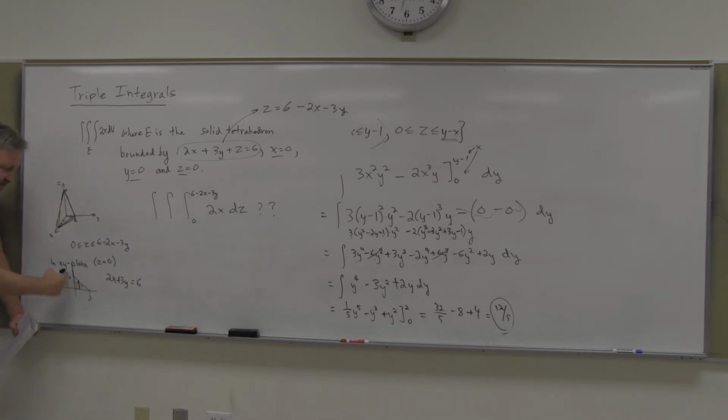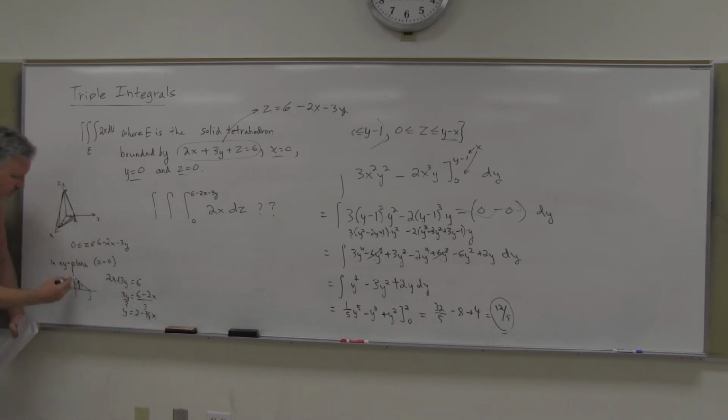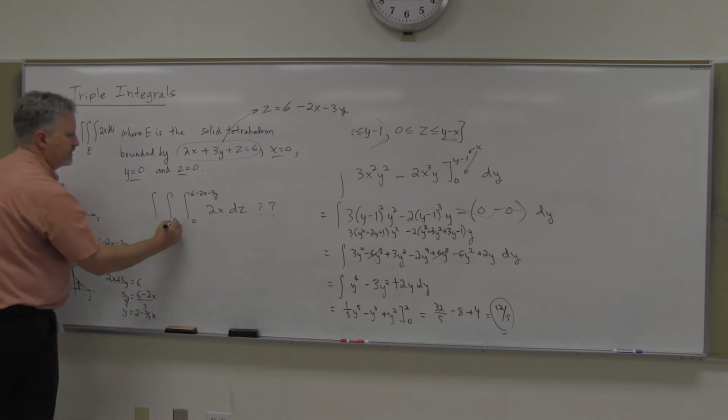So that gives you that line right there, you see. And if you solve for y, 6 minus 2x, so divide by 3, y equals 2 minus 2/3 x. And so my y's go from 0 up to the 2 minus 2/3 x.